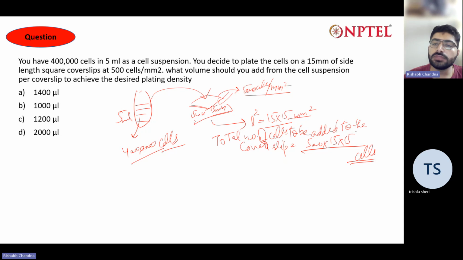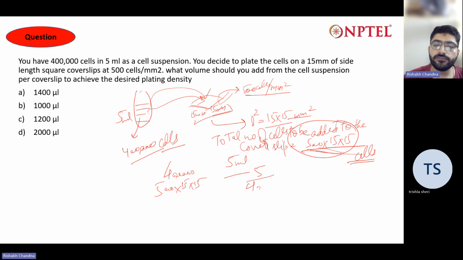Now, for these cells, how much volume of this suspension needs to be added on this cover slip, that we have to calculate. Here we apply the simple unitary method. We have 4 lakh cells in 5 ml of suspension. Now, if we need 500 into 15 into 15 cells, then how much volume do we need?